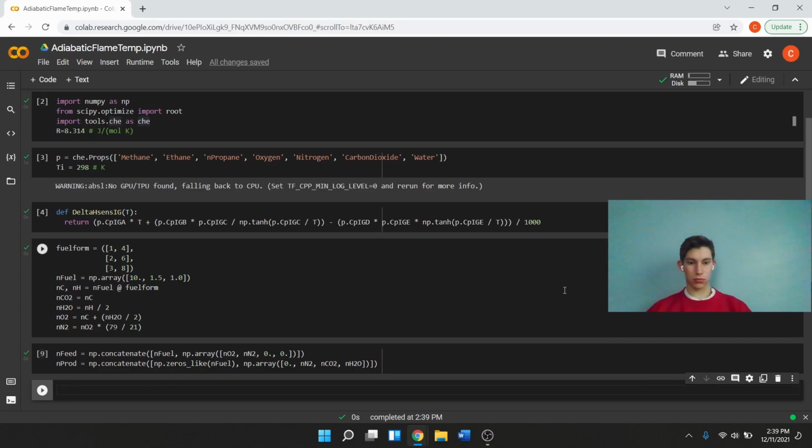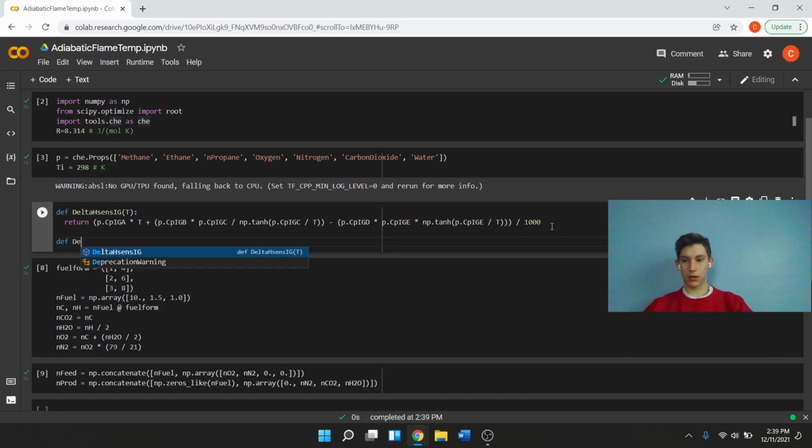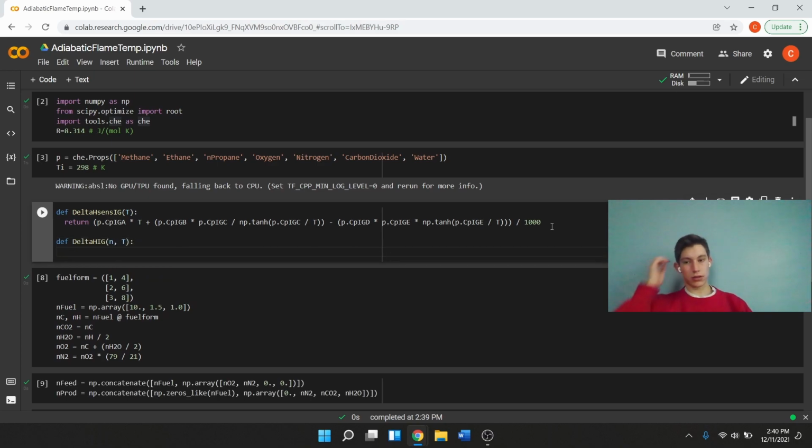So now we can make another function which represents the enthalpy that's outside of the addition of the specific heat. So this is basically just like the enthalpy going in equals the enthalpy going out. However, this one we have to insert the moles and then also the temperature.